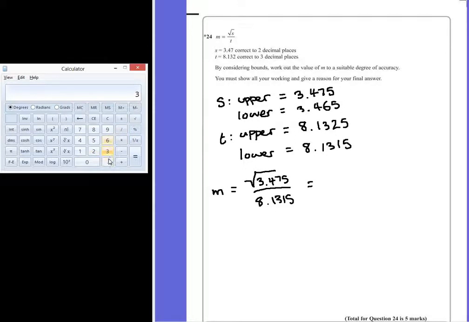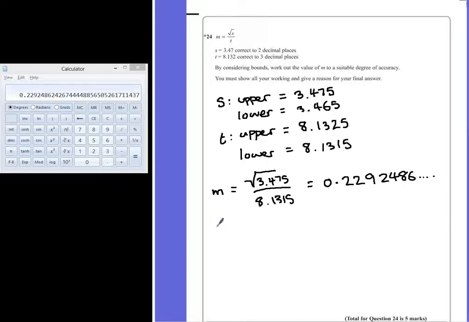So if we put this into our calculators, 3.475, square root that value, divide by 8.1315, I get 0.2292486 with a bunch of other numbers afterwards. So that's the biggest, I think, that the value could go to.